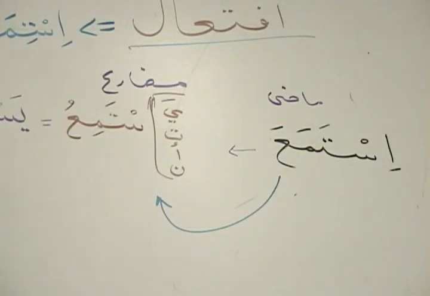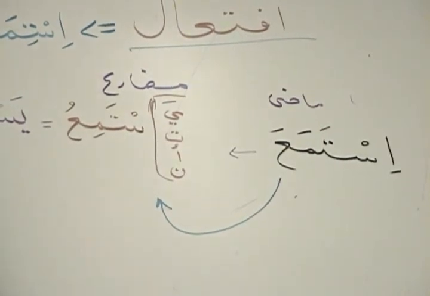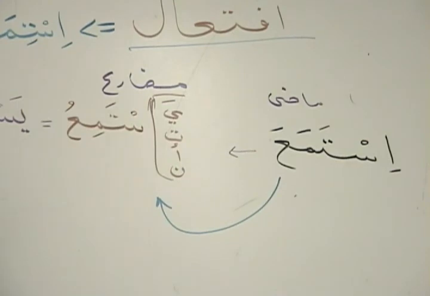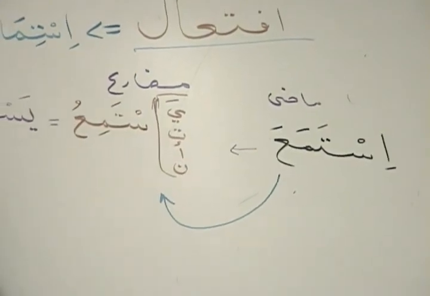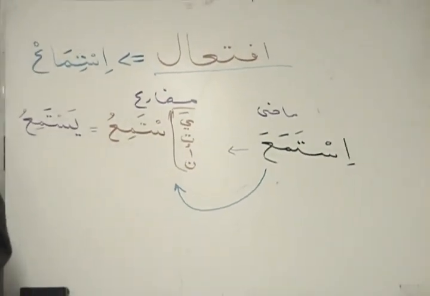For madi, this is how you change from ma'ruf to majhul. Give everything that you see a dhamma, except the sukoon, leave the sukoon alone. And except the one before last, give it a kasra, and the last one, give it a fatha. Retain the fatha. The last one you leave it as it is, whatever it has. The last one of madi always has a fatha, whether it's ma'ruf or majhul.